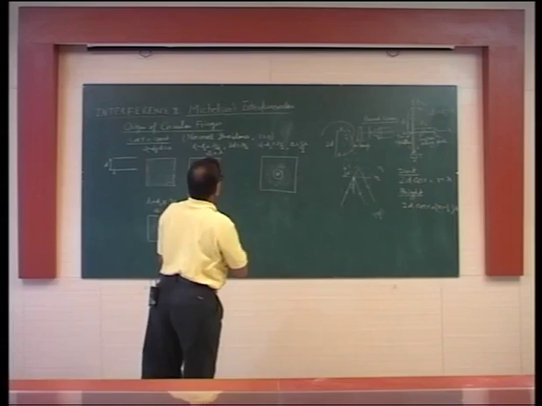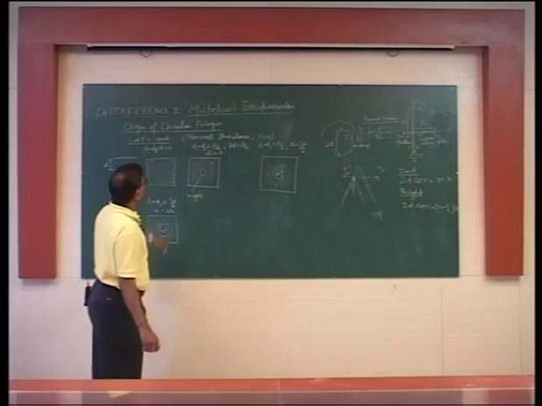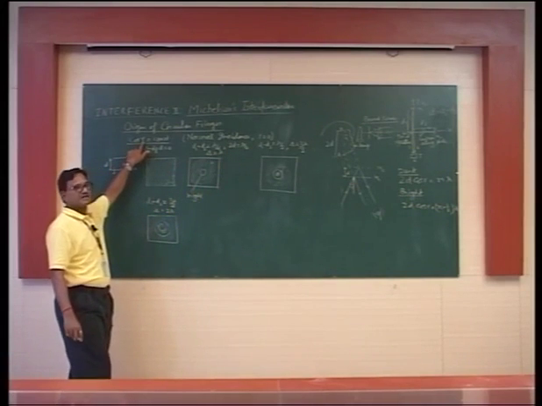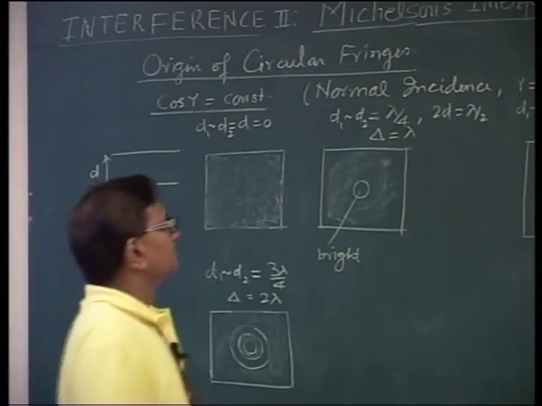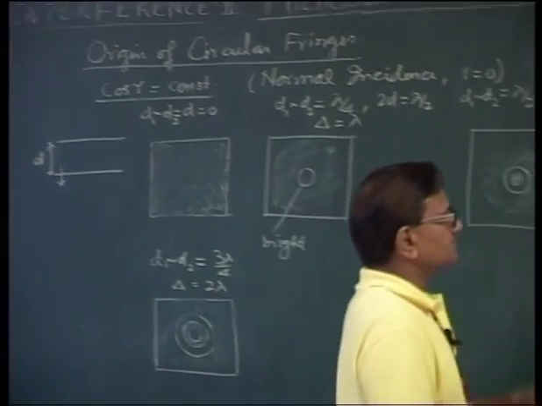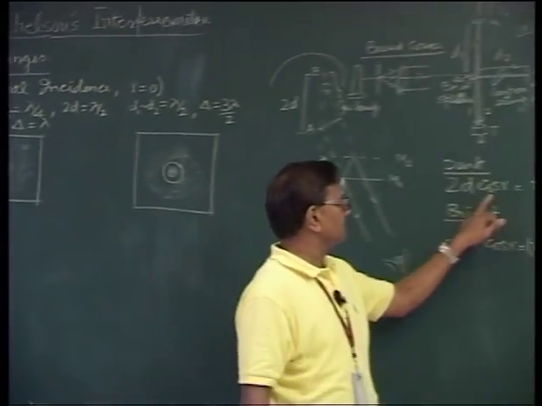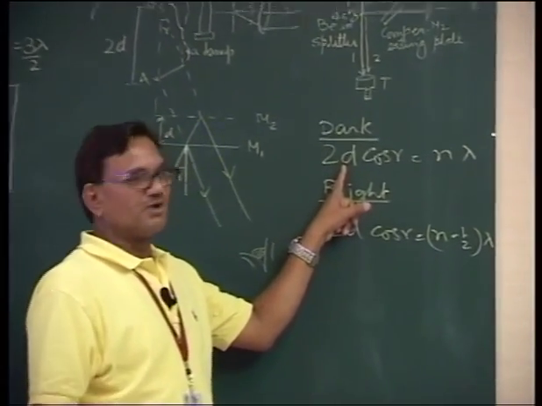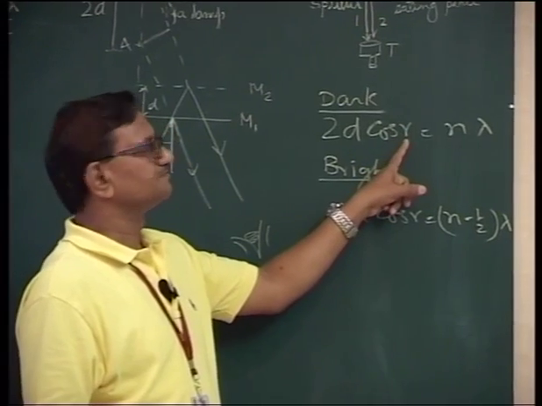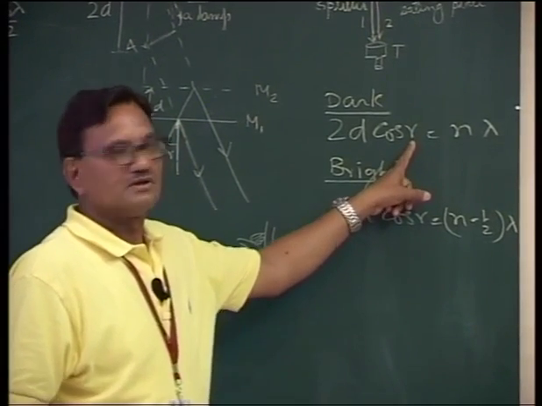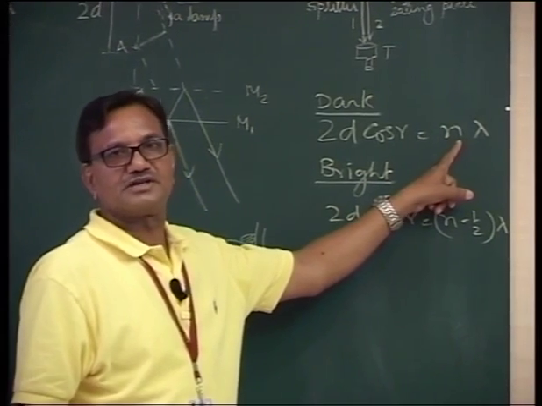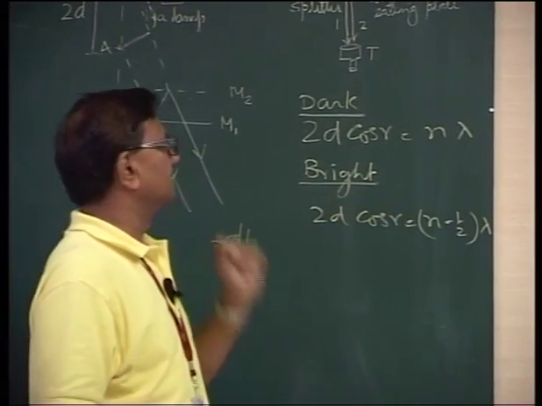Now, interesting thing, when we look obliquely, then r is not 0, r has a finite value. The net path difference is say 2d cos r. So as we increase d, for the particular r, n increases, higher order rings appear. Fine.